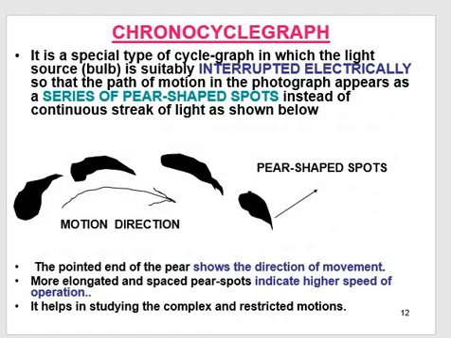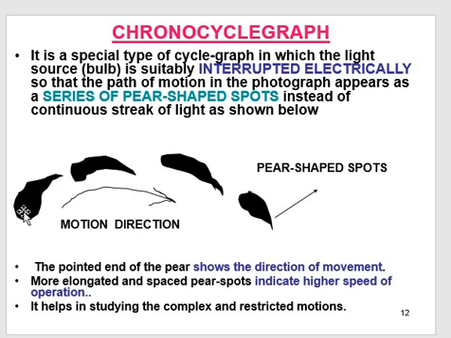Okay. So here is the last slide. So the chronocyclegraph. It is a special type of cycle graph in which the light source bulb is suitably interrupted electrically, so that the path of motion in the photograph appears as a series of pear-shaped spots.